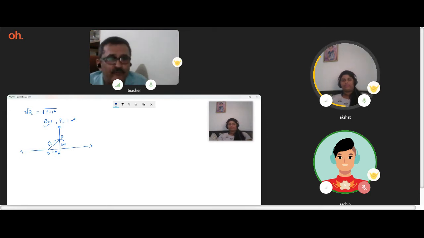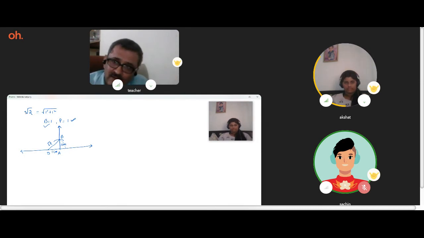Now what we will do, we will measure OB with O as a center. The needle of the compass is at point O and the pencil will come at B. Now don't pick up the needle of the compass. From there only, mark an arc like this, with O as the center and the radius equal to OB.